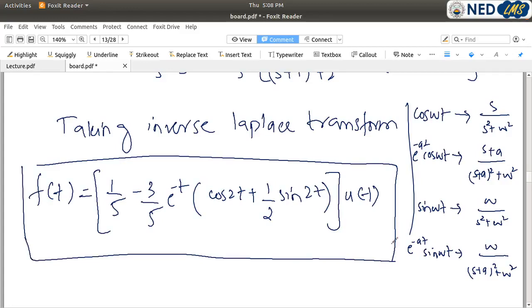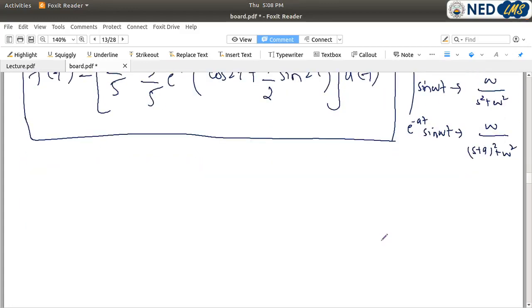Now we have covered all three cases that exist while evaluating the inverse Laplace transform of a function. Now let's summarize the discussion. In case 1, when the roots of the denominator polynomial are real and distinct, then we write as many partial fraction terms as the number of roots in the denominator polynomial.